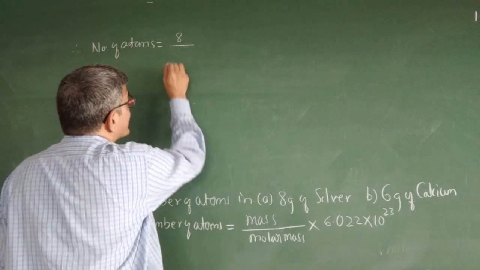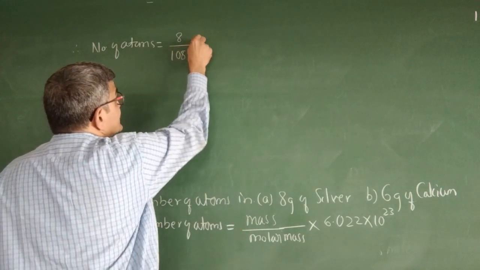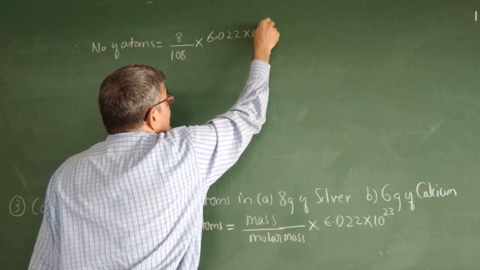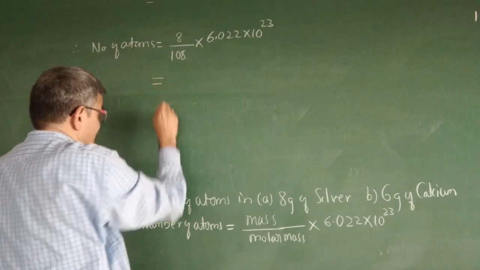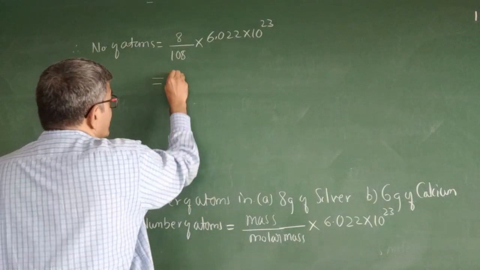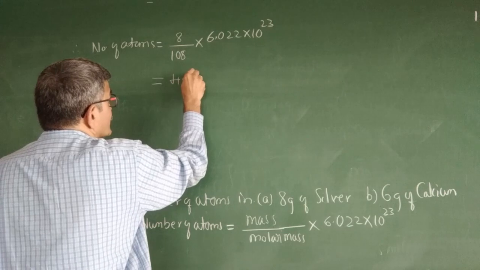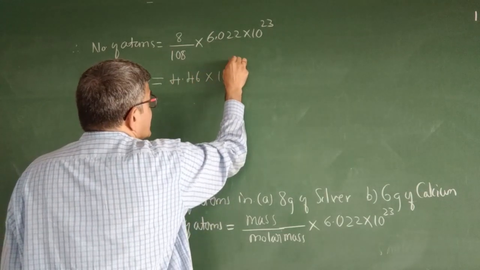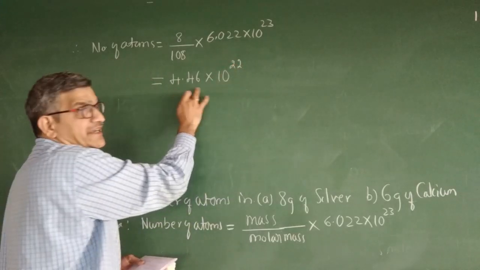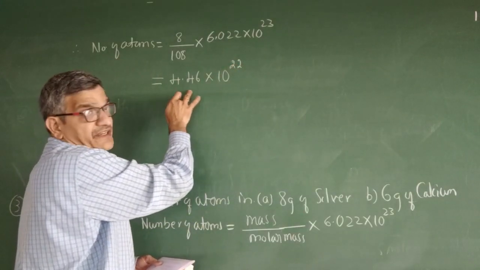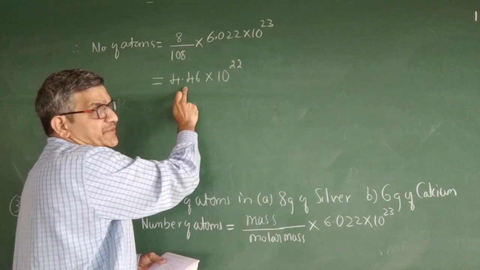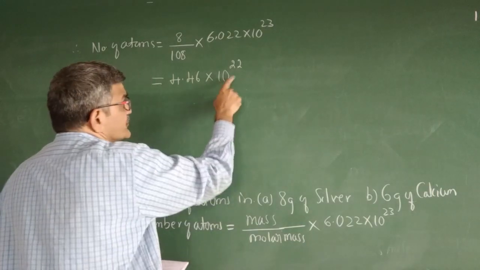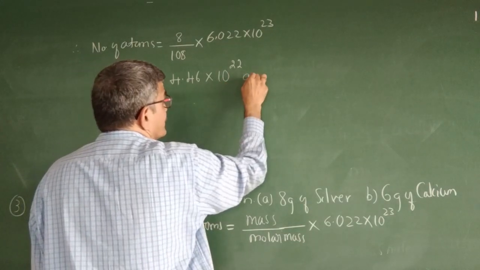Here atomic mass of silver is 108 into 6.022 into 10 raised to 23. If you simplify this, you are going to get the answer 4.46 into 10 raised to 22. I have written it in scientific notation. Scientific notation is one number, decimals, under 10 to the power. So 4.46 into 10 raised to 22 what? It is atoms.